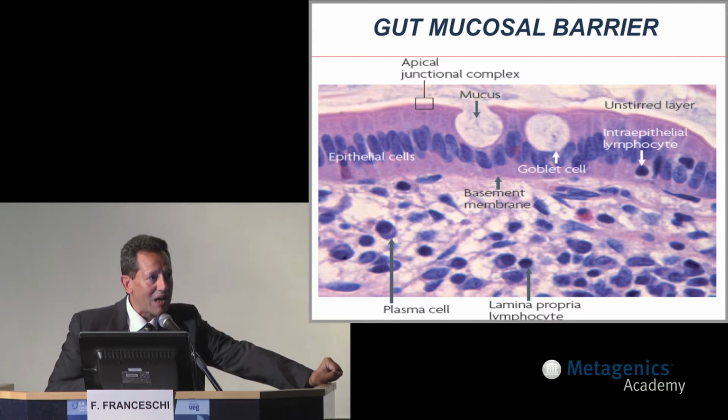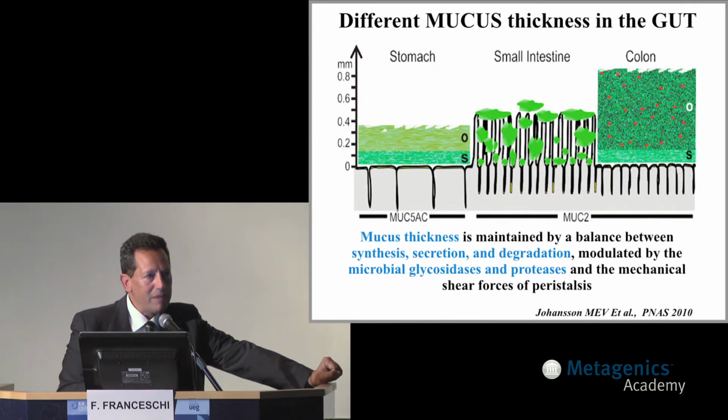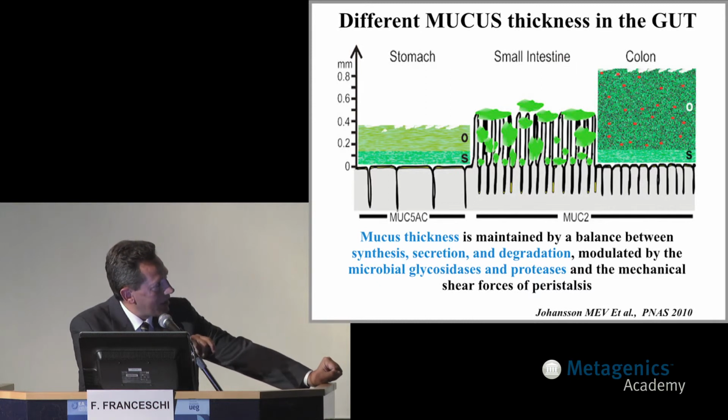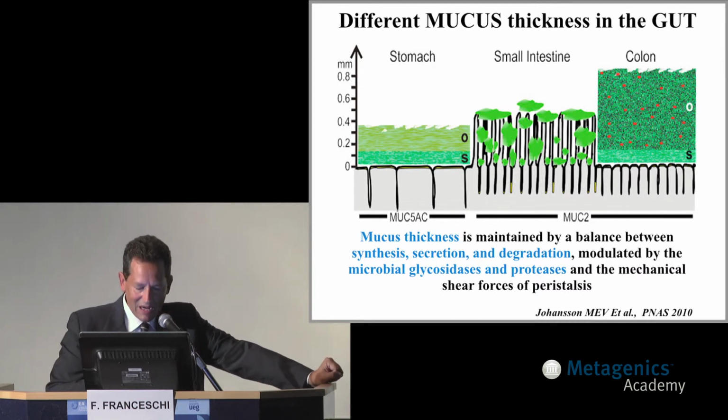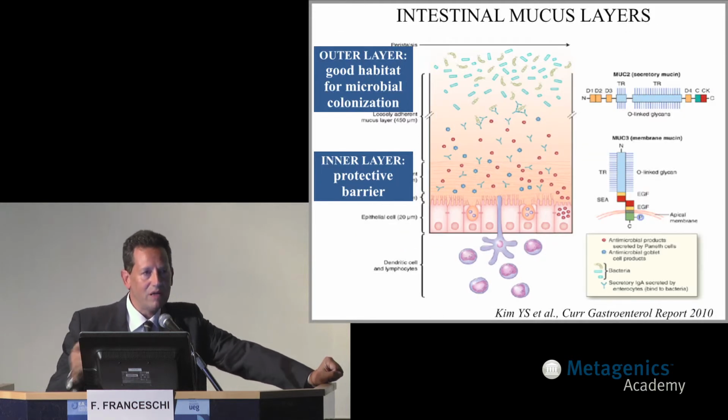So the reduction of mucus production is a very, very big issue, because the mucus is not only produced in the stomach, but also in the small intestine and especially in the colon. Mucus thickness is maintained by a balance between synthesis, secretion, and degradation. And the administration of NSAIDs is associated with a strong decrease of mucus.